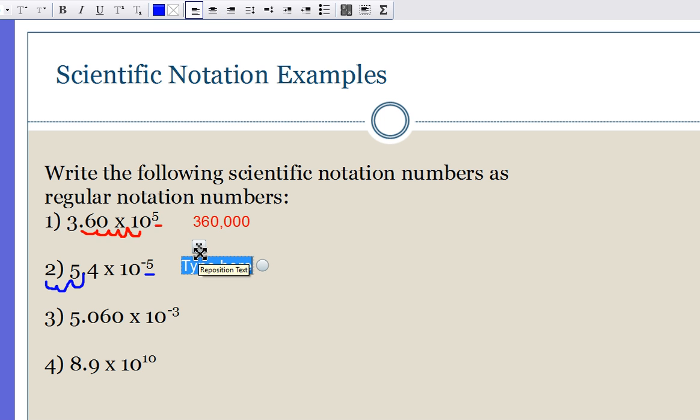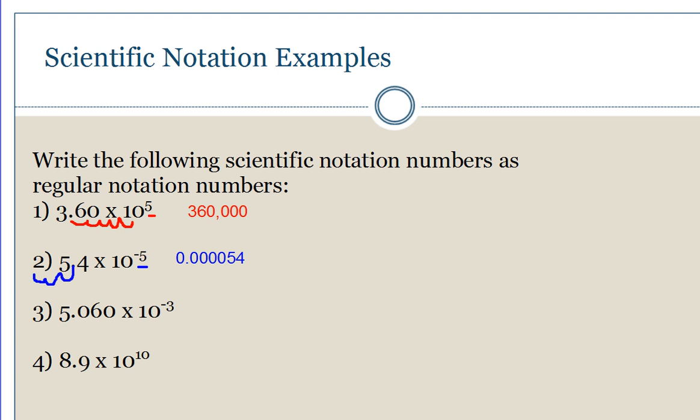So the number in this case is going to be 0.0000054. So now you do not have to put this first zero if you don't want to. You can get rid of it. But these 4 zeros have to be there.